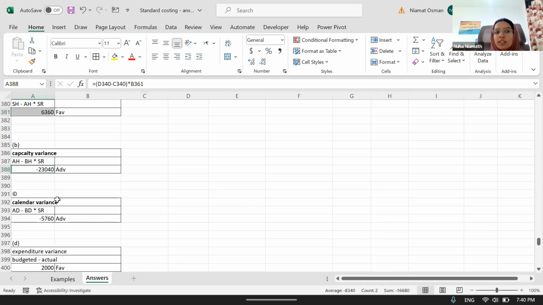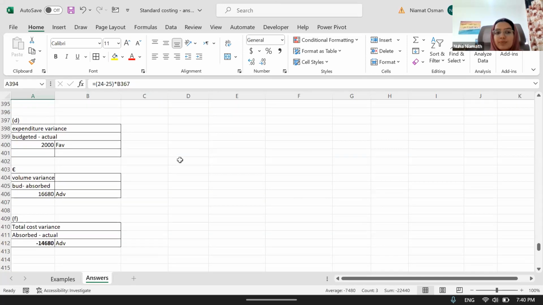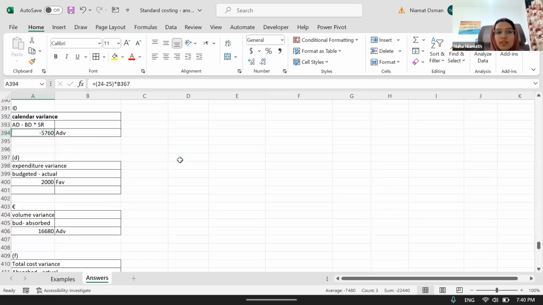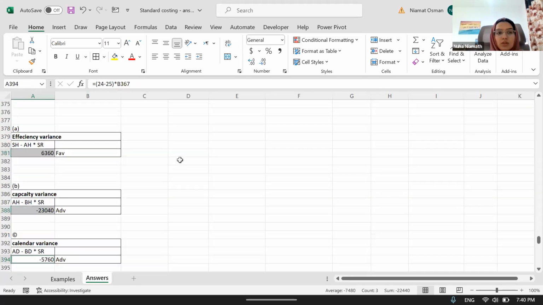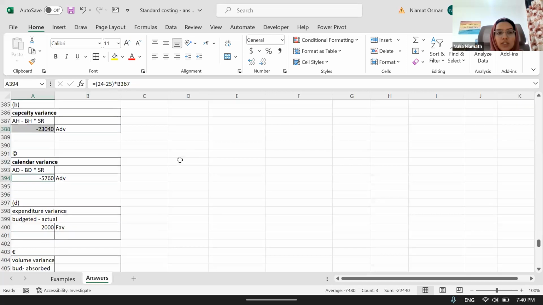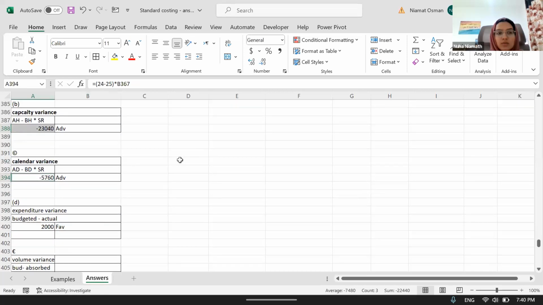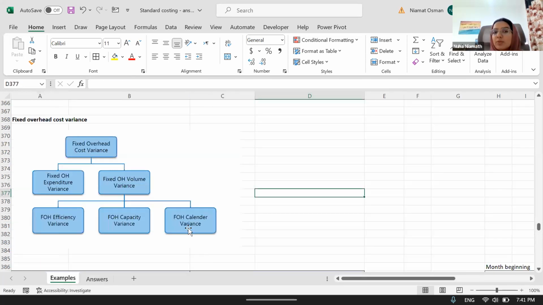We can add up all these three. It comes to 22,440. Where is our volume variance? One thing I will tell you here. In fixed overhead variance, the difference between these three will not sum up to volume variance, because your calendar variance and capacity variance are the same thing.